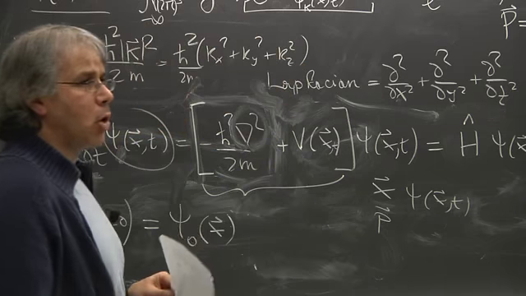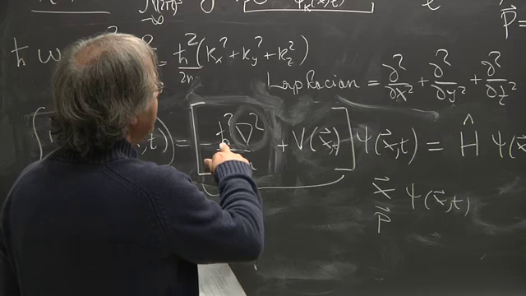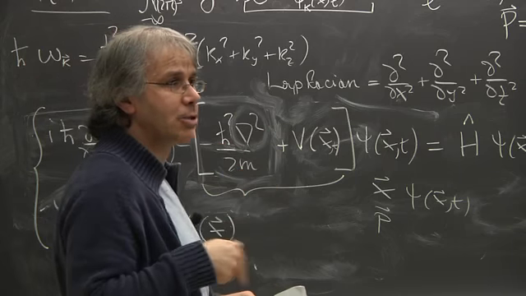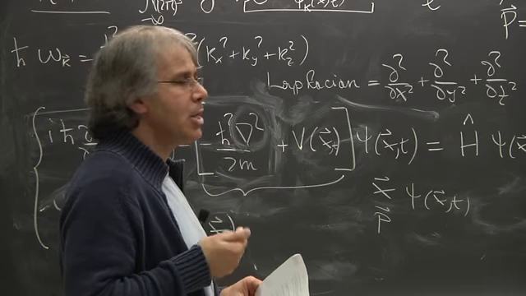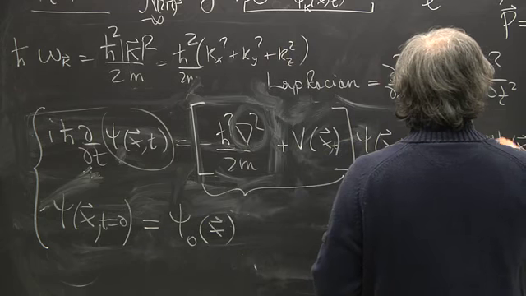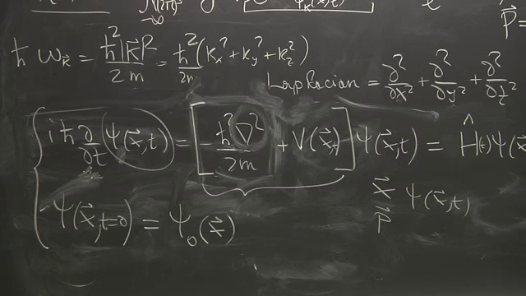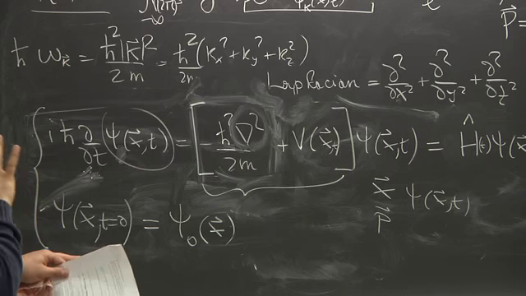Or, even more, there could be a magnetic field, by which you know that p squared changes and the vector potential appears. So there is really nothing special about this Hamiltonian being time independent at this stage. There might be time dependence, so H might depend on t. But this doesn't change what I'm saying.